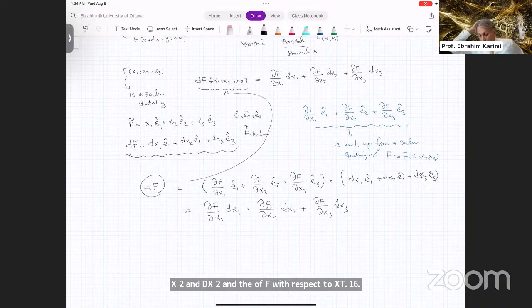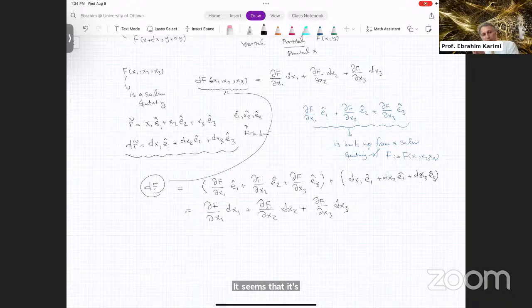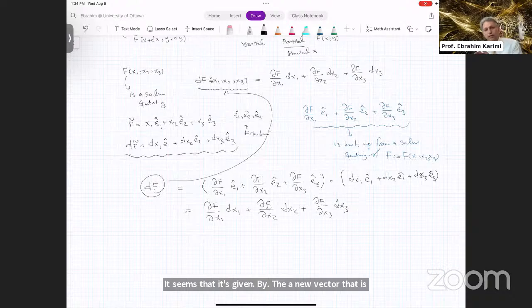So the change in the function f seems to be given by a new vector dotted with the displacement in that space.